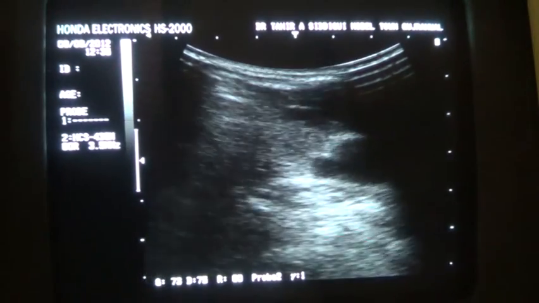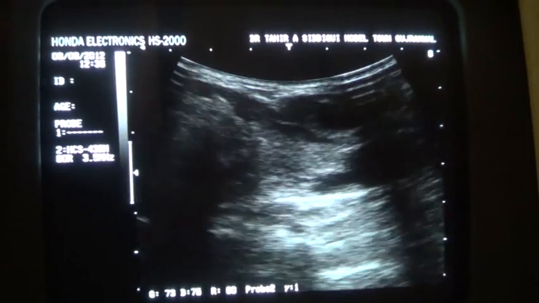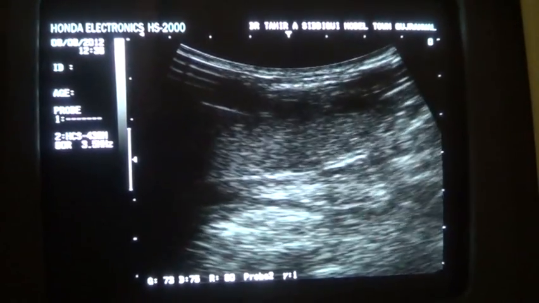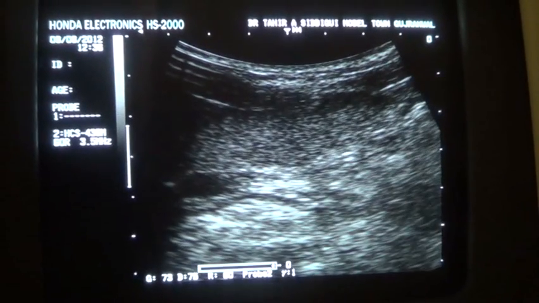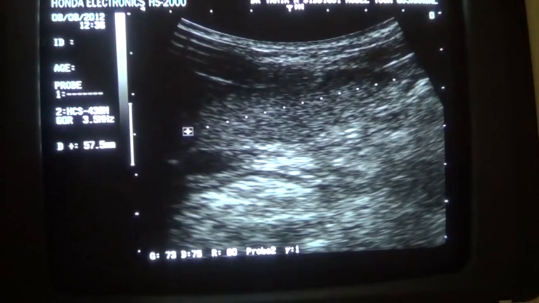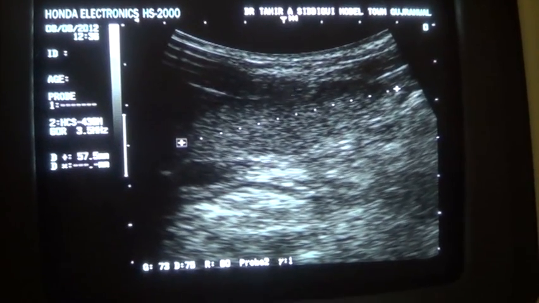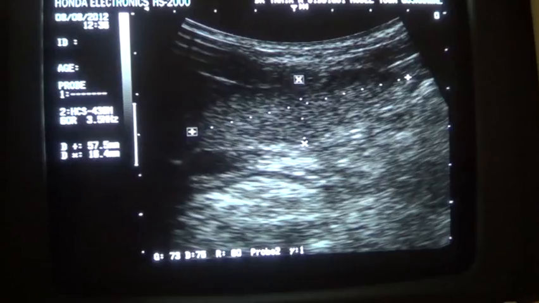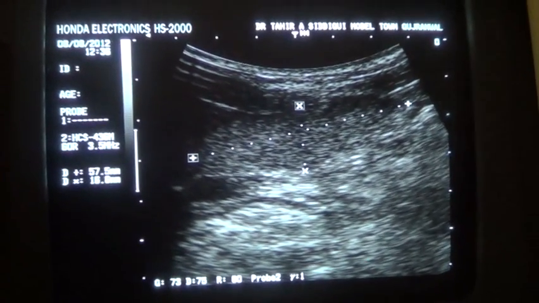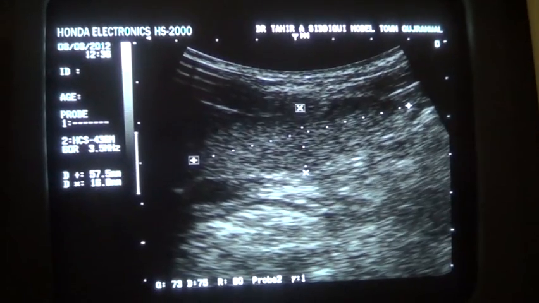Now, getting the transverse and then rotating it 90 degrees, I get the longitudinal of the left thyroid lobe, which measures 5.7 centimeters in length and 1.68 centimeters in anterior-posterior diameter.